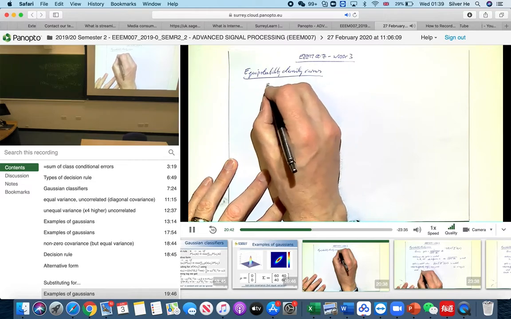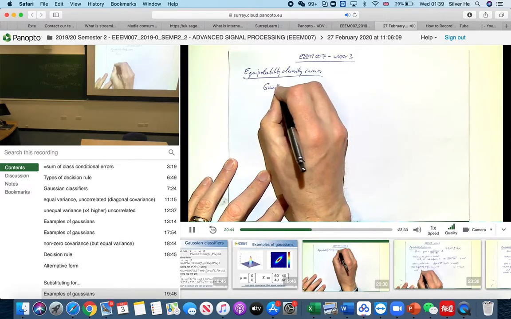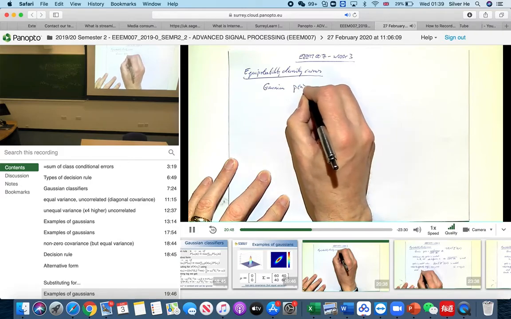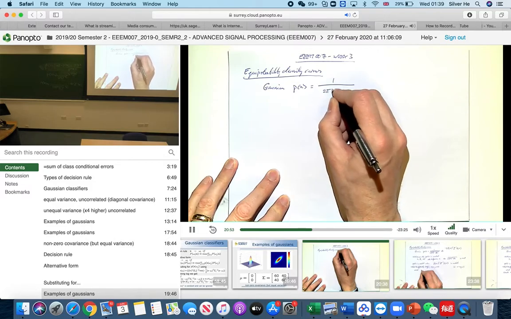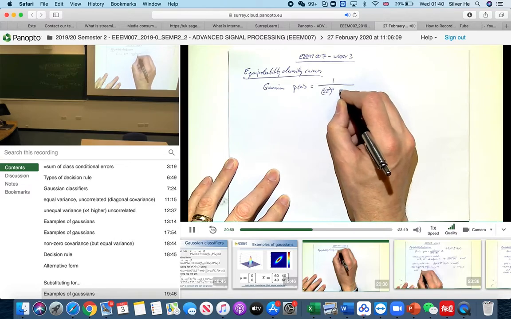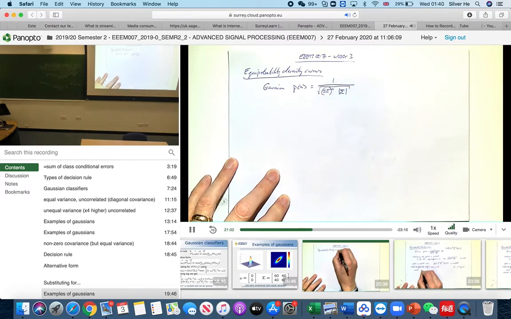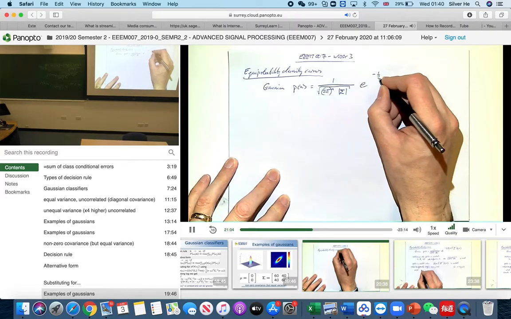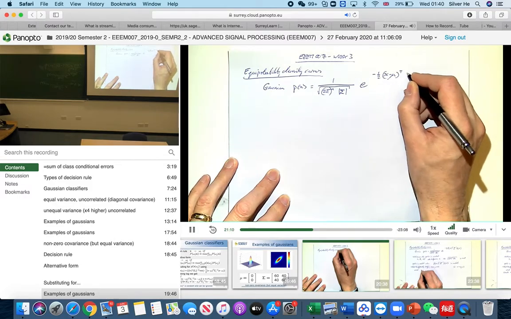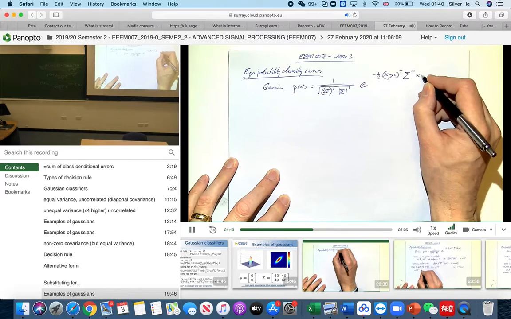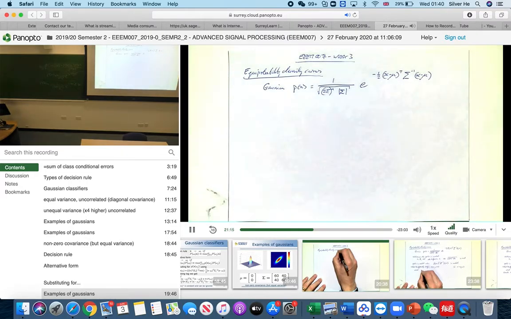So we've got a Gaussian distribution, P of x is 1 over root 2 pi to the n, and determinant of our covariance matrix sigma, e to the minus a half, x minus mu transpose sigma to the minus 1, x minus mu. Okay, so that should correspond to our probability density down here.